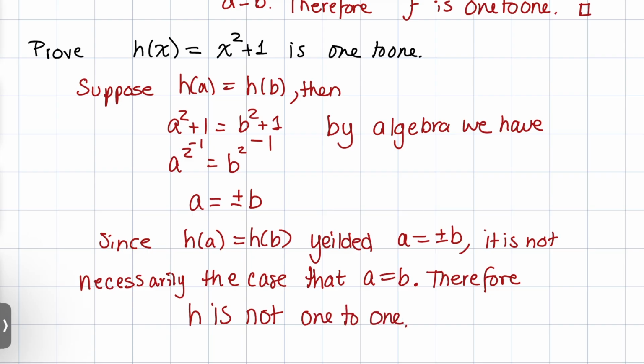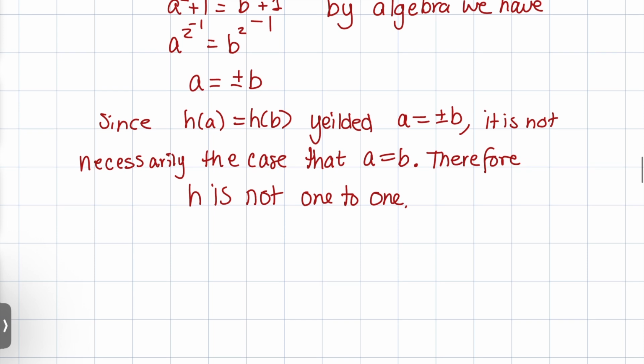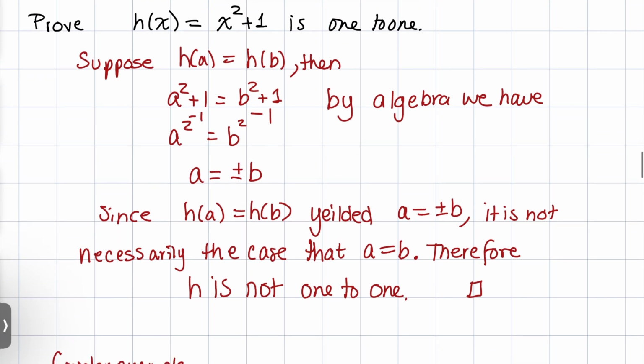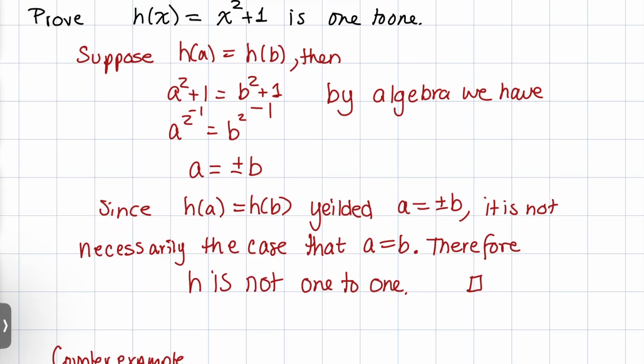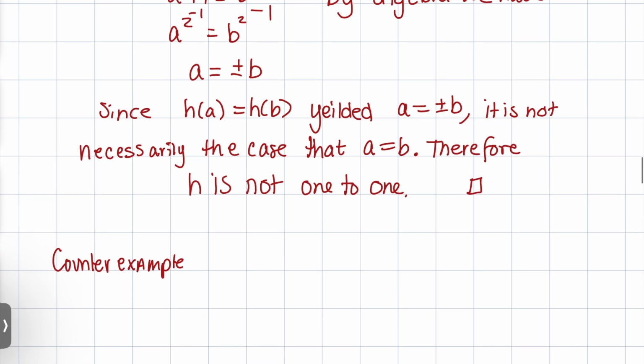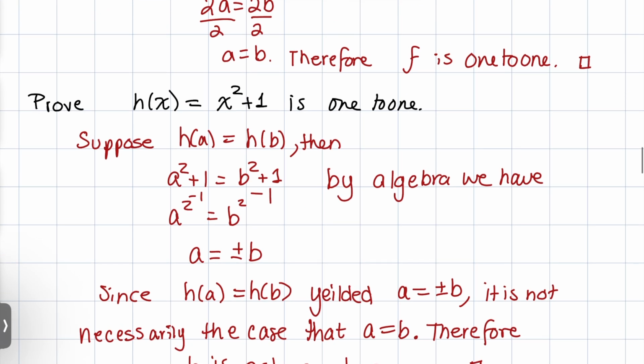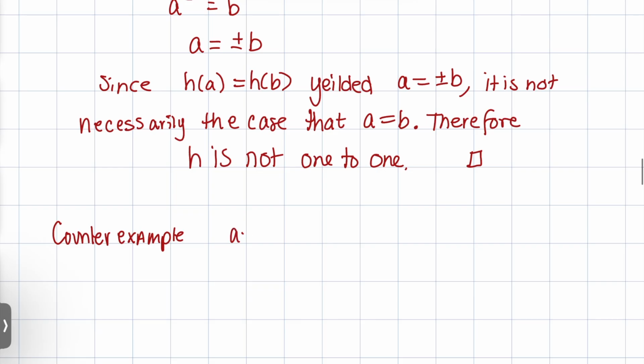Now, this is kind of like a method of disproving, right? But you could also just say counterexample, and then plug in something and get some other values out. You could say counterexample, A equals 1, B equals -1.